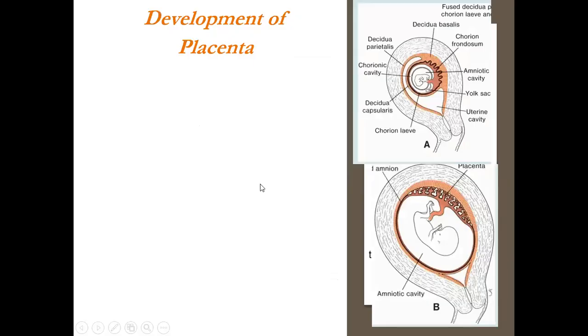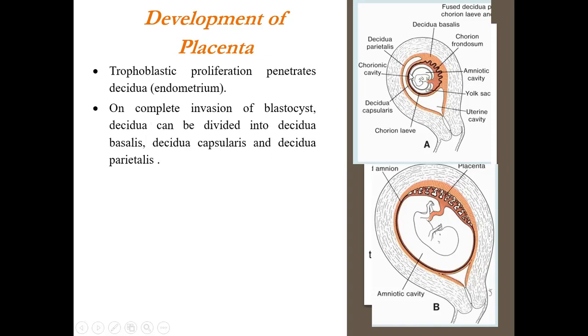Now, the development of the placenta. So how does it develop? Trophoblast, initially, was forming syncytial trophoblast. It will proliferate and penetrate the maternal endometrium. Then on complete invasion of the blastocyst, the decidua can be divided into decidua basalis, capsularis and parietalis.